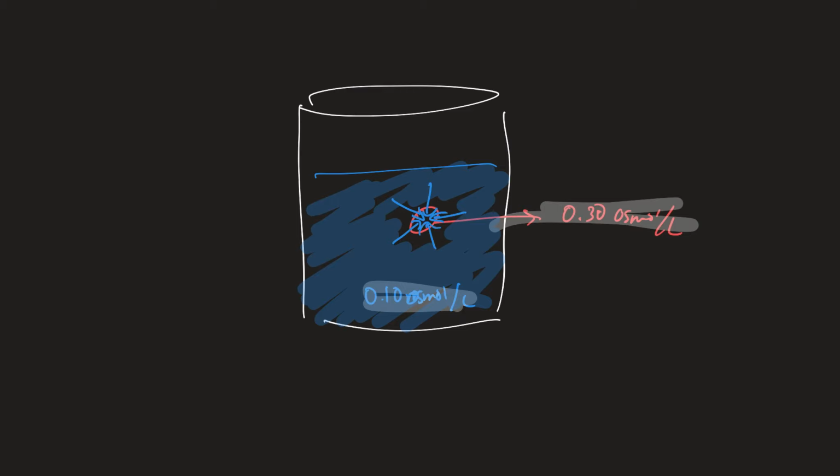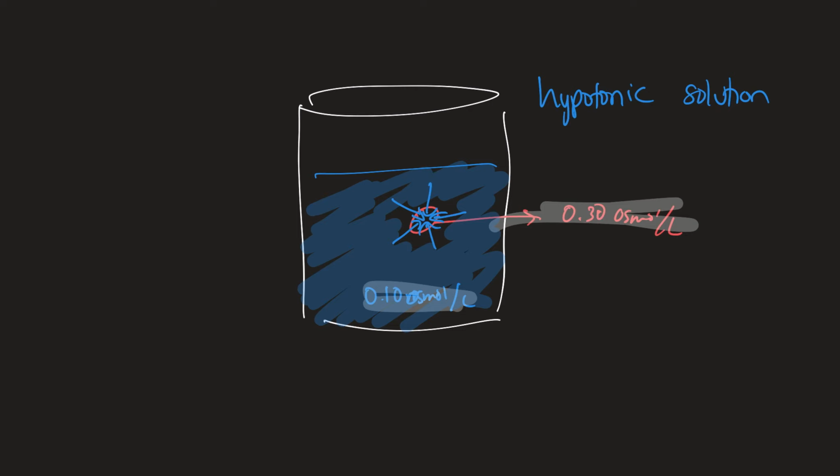At this point, we say that the cell is in a hypotonic solution. That's when there is a lower concentration of solute in the surroundings versus what's in the cell.